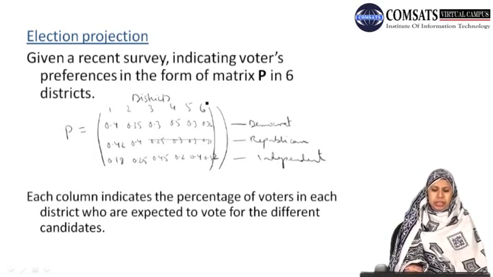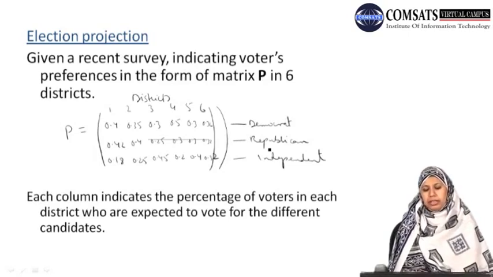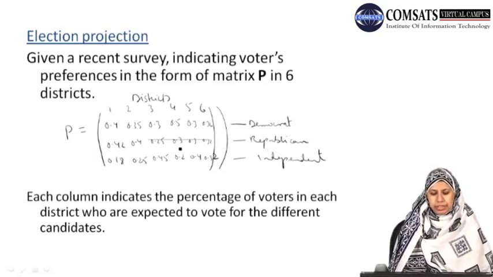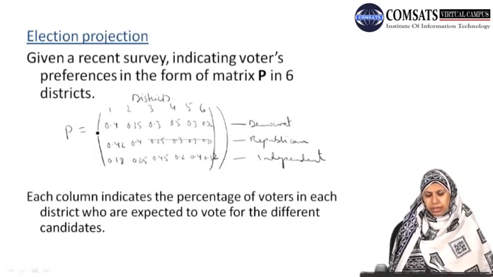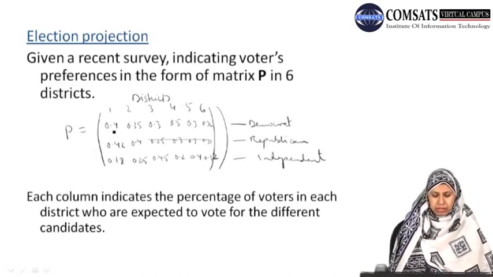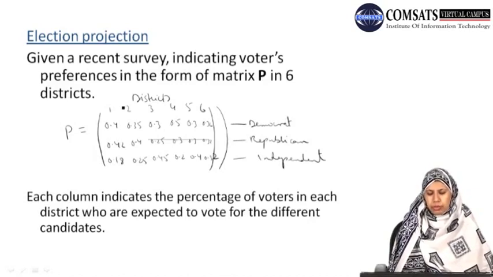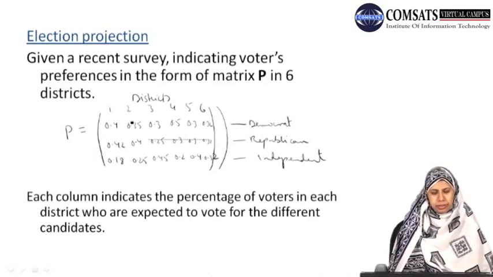We have 6 districts and we have 3 types of candidates: Democrat, Republican or Independent candidate. And this matrix basically represents the possible voters expected to vote for the Democratic candidate in District 1. For example, our columns indicate the percentage of the voters in each district who are expected to vote for the different candidates.